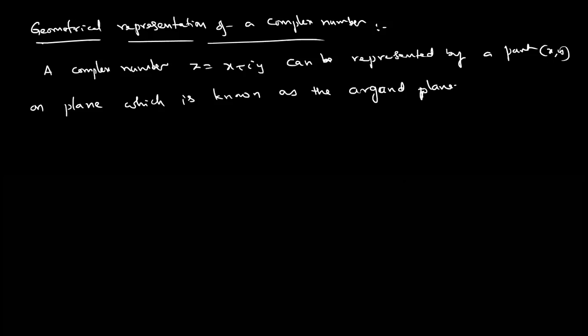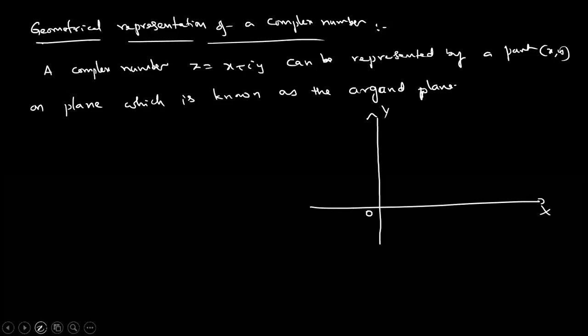So, dear students, see carefully. I'm drawing the picture. This is called the real axis. This is called the imaginary axis. Choose any one point P (x, y).